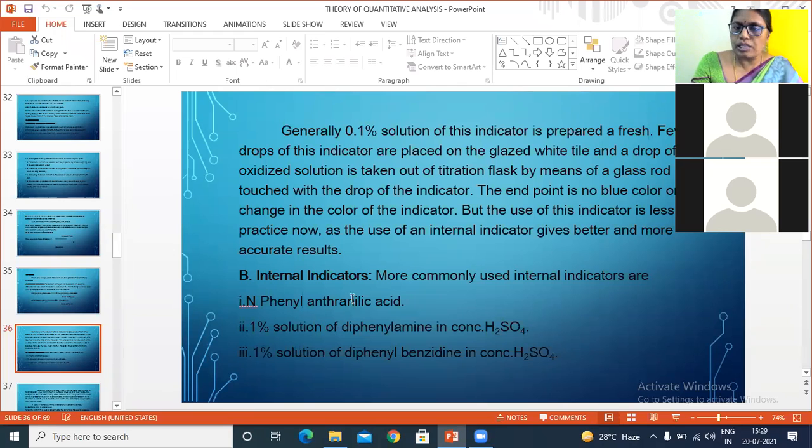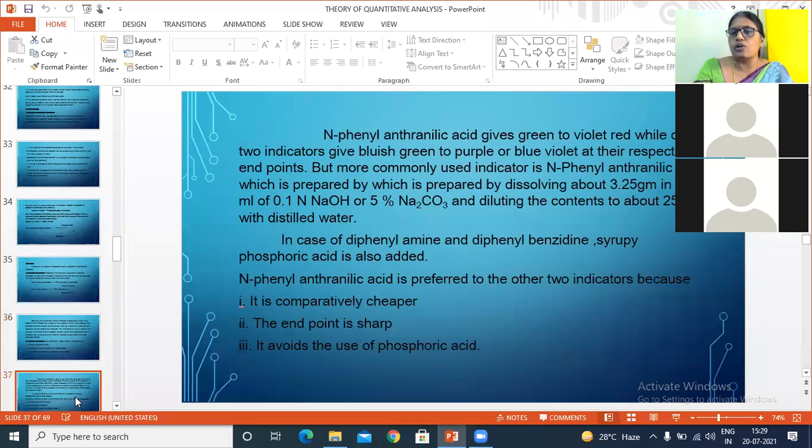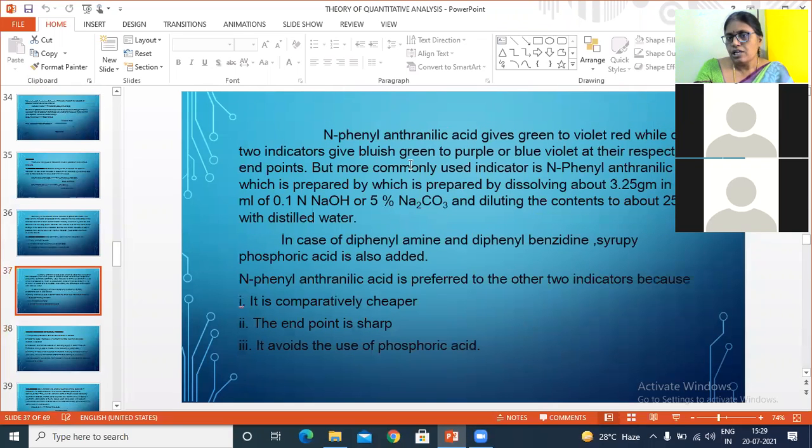The remaining two, phenylanthranilic acid and diphenyl benzidine, we can also prepare. But in most cases, according to our syllabus, the only indicator we use is diphenylamine in concentrated sulfuric acid, which we dissolve in concentrated sulfuric acid. So how can we prepare that, is next.